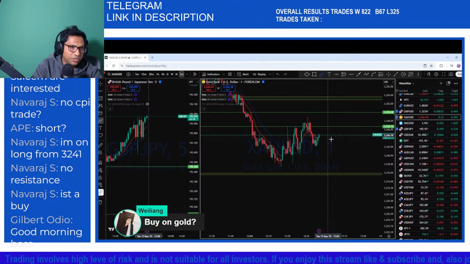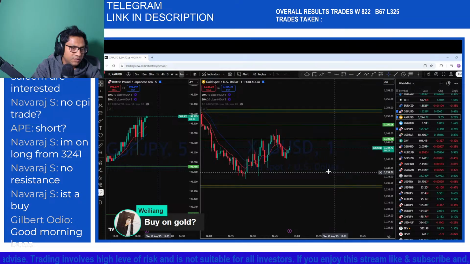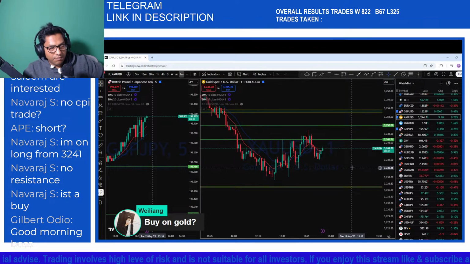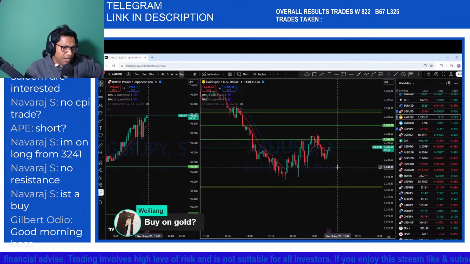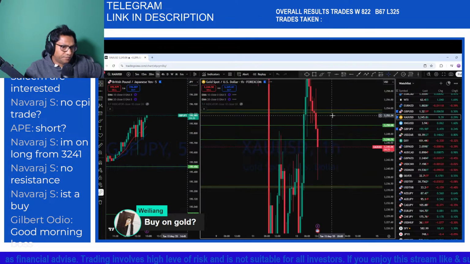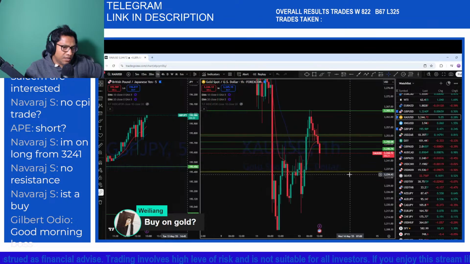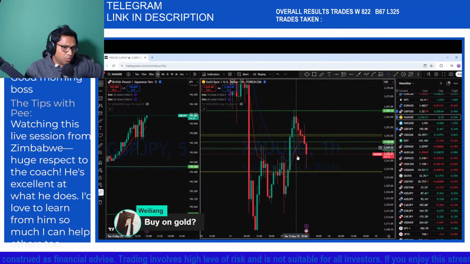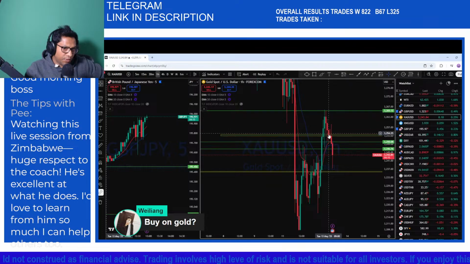smaller consolidation, and that consolidation is where the price may prepare for another move. This is the 1 hour price action, and with that 1 hour candle, as we can see from here, a complete drop.